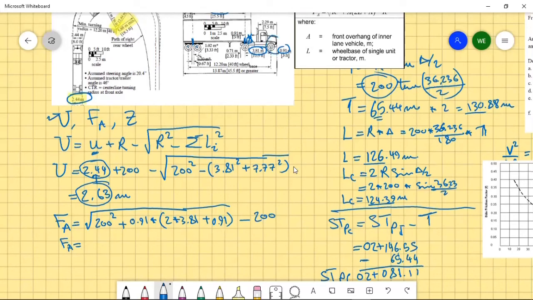So here we have square root of 200 square plus 0.91 multiply 2 multiply 3.81 plus 0.91, okay, minus 200.